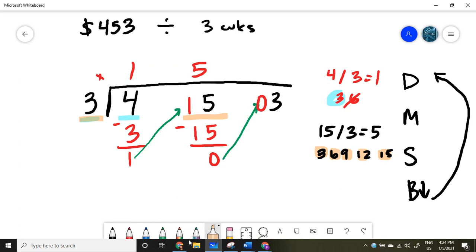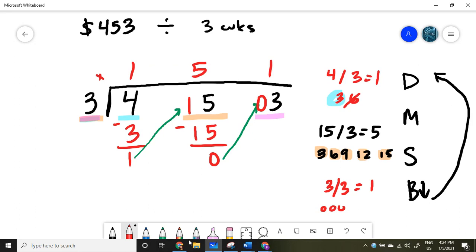Then I start my steps over again. I divide. 3 divided by 3. If I have 3 dots and I split them up into groups of 3, my answer will be 1. 3 divided by 3 is 1.